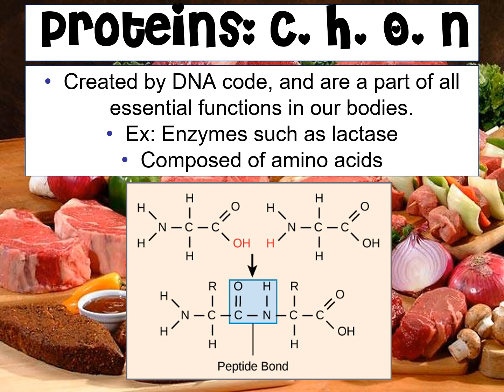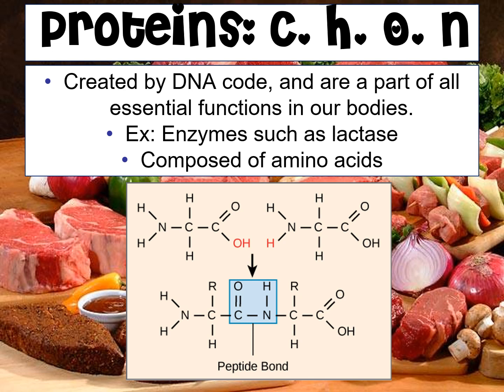Also, keep in mind that all proteins are usually composed of amino acids. And so what you do to get a protein to be made is you put a whole bunch of amino acids together. So remember, when you bind one amino acid with another amino acid, water is lost in a dehydration synthesis reaction.